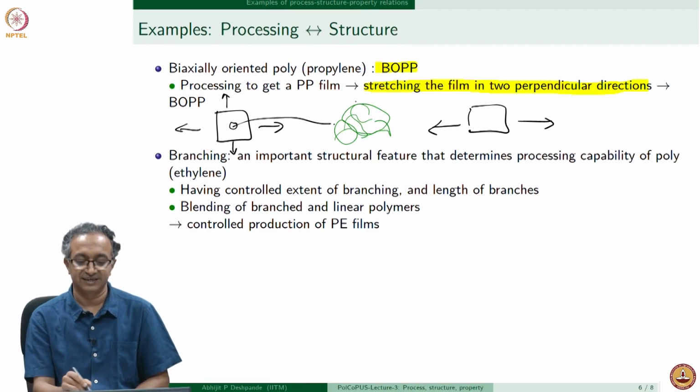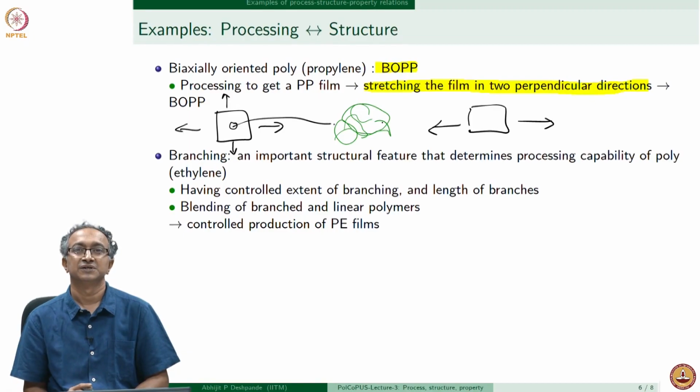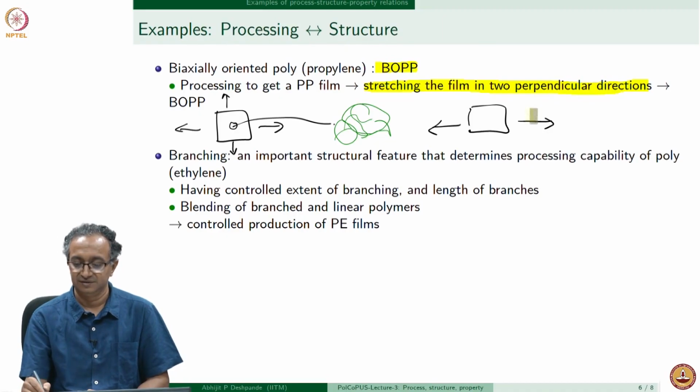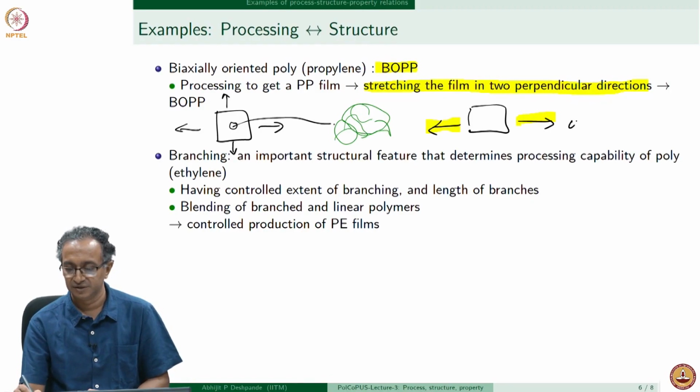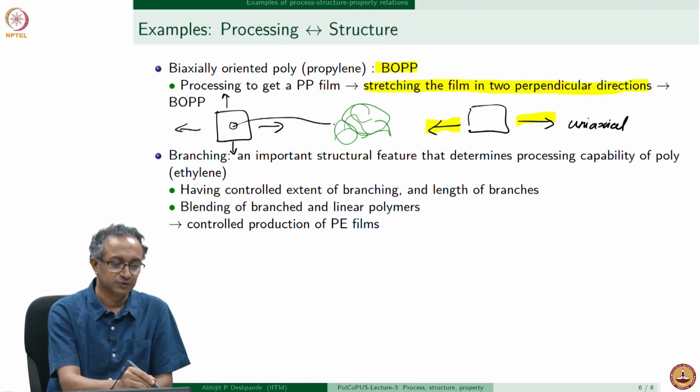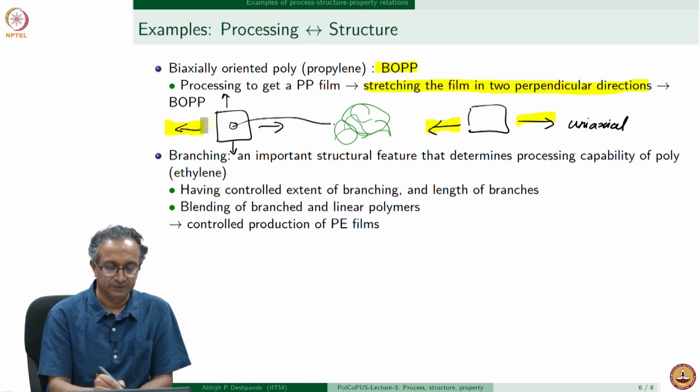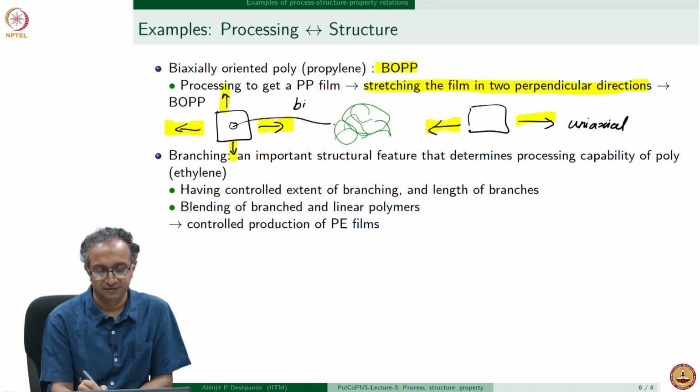Clearly you can see that the segments of these macromolecules will start aligning due to stretching. And alignment will be very different if it's this kind of stretching, which is called uniaxial stretching, as opposed to this type of stretching, which we call biaxial stretching.